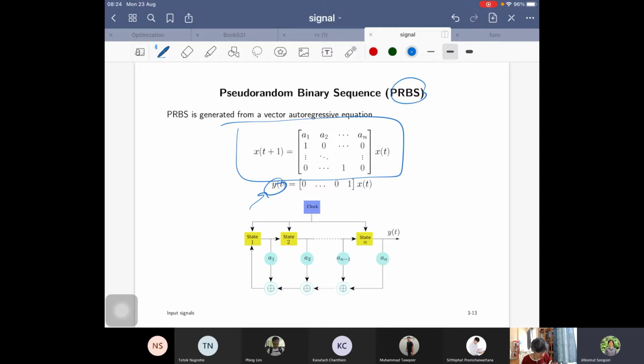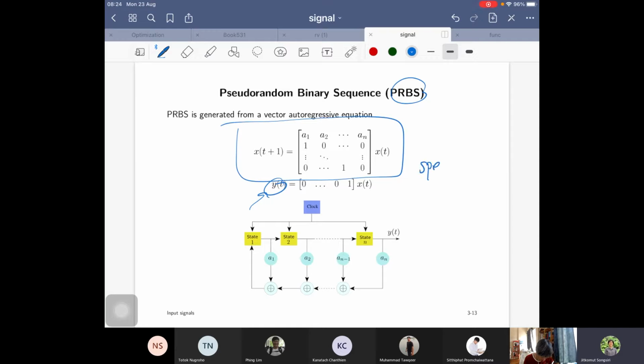As we mentioned at the beginning of this chapter, when we choose an input signal for system identification purposes, we would like the signal to contain enough information to stimulate the system. That's why we look at the spectral property.